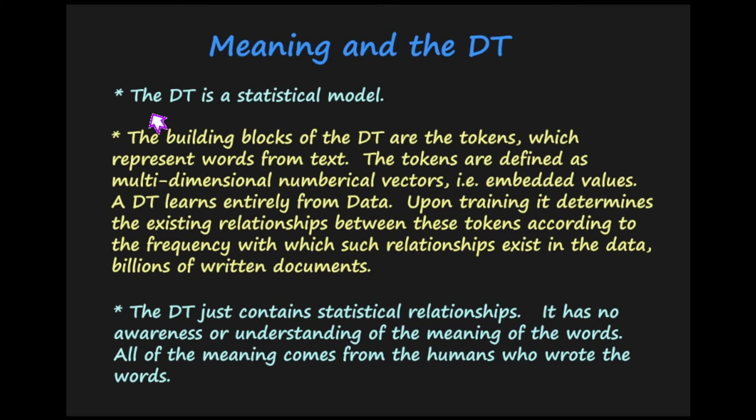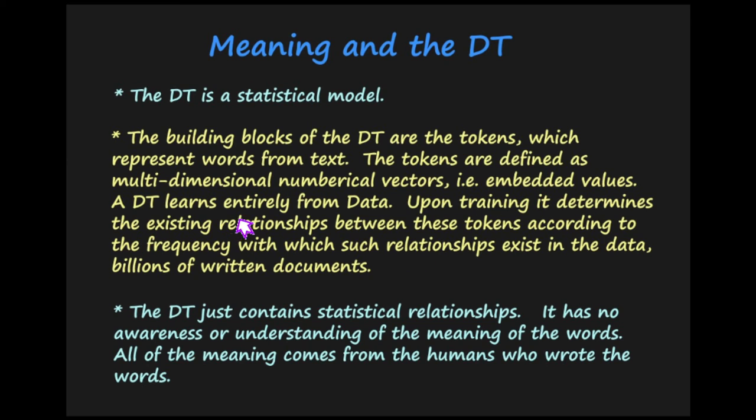Okay, the decoder transformer is a statistical model. During training, the decoder transformer determines the frequency with which relationships or patterns are found, and from this builds up a statistical model. The building blocks of the decoder transformer are the tokens, the word vectors, which represent words from text. The tokens are defined as multi-dimensional numerical vectors, i.e. embedded values.